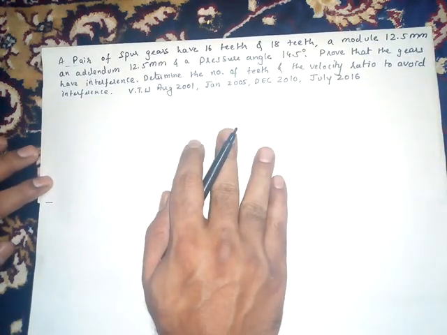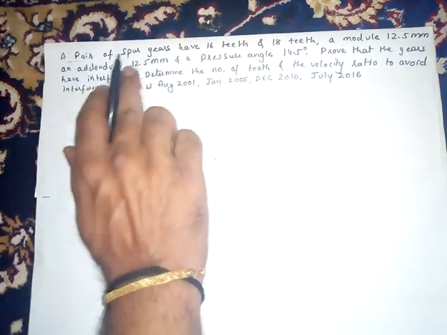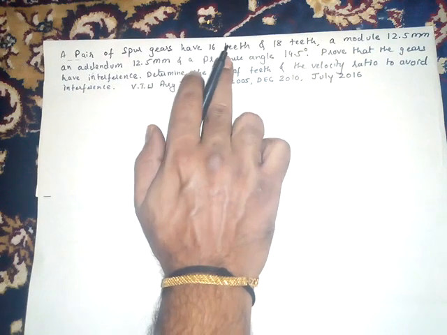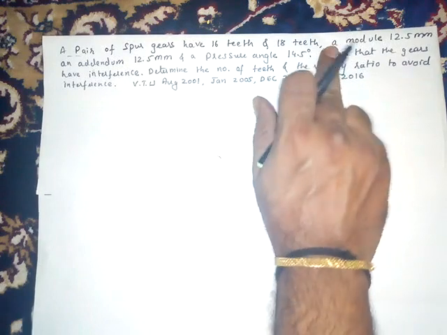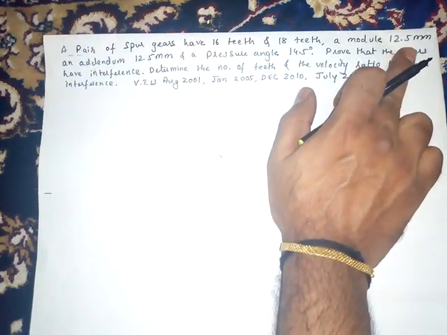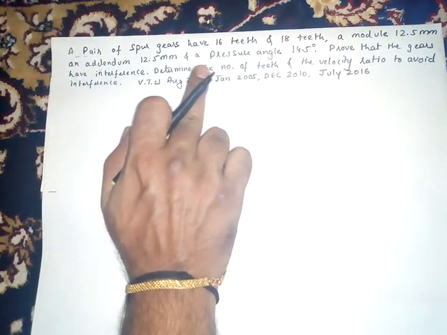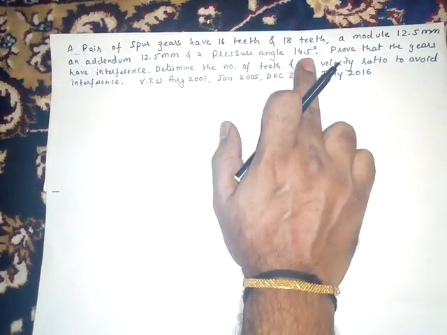Let's first analyze the statement of the problem. A pair of spur gears, that means there are two gears having 16 and 18 teeth, a module 12.5 mm, an addendum 12.5 mm, and a pressure angle 14.5 degree.